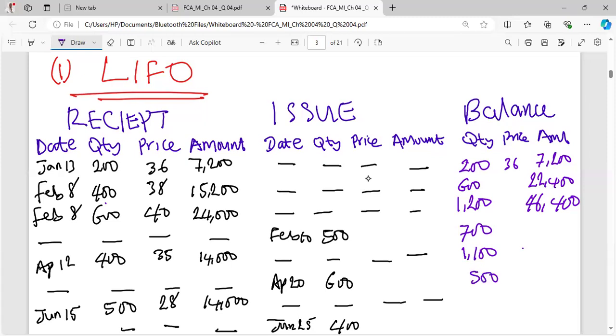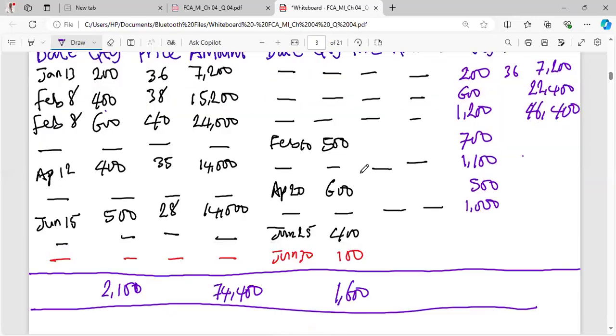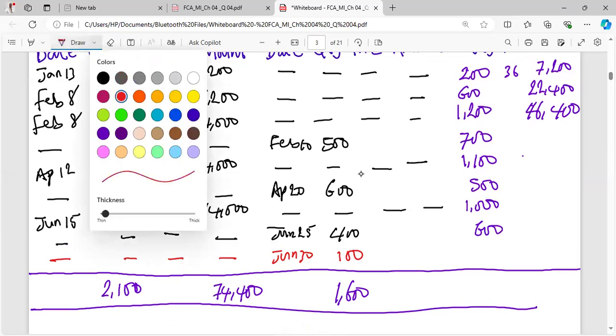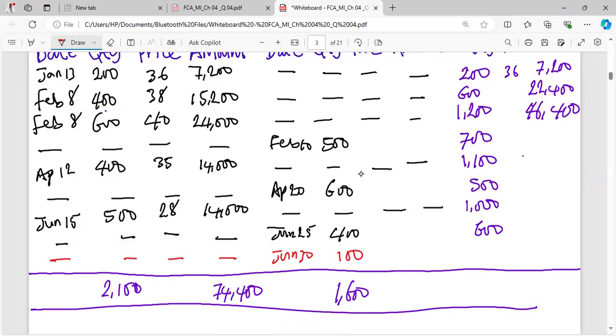We now have 500. We'll be left with 1,000. We now got 400. We'll be left with 600. We remove this 100. We will now be left with 500. That's the 500 closing stock.